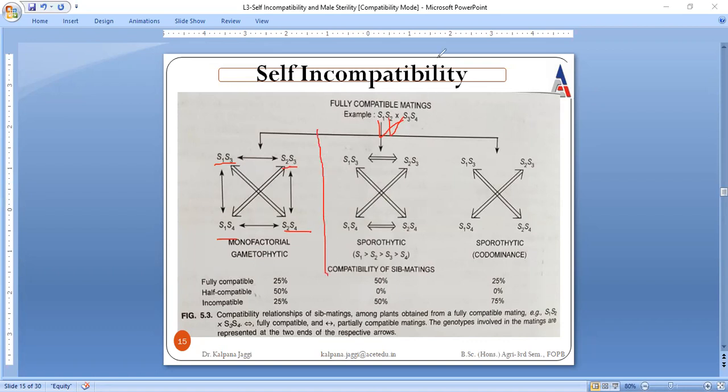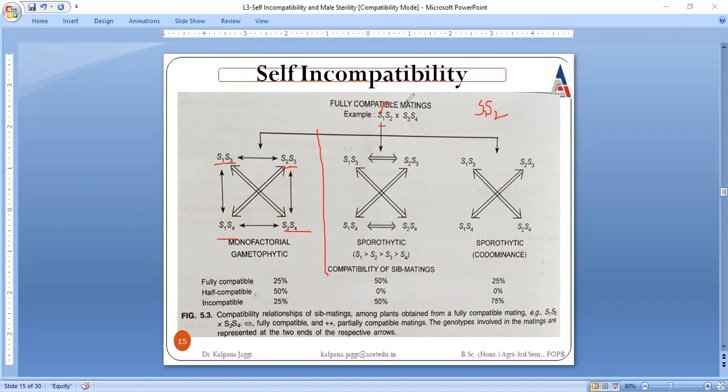But in the other case, now we will discuss another case. In this case, we again have S1, S3. We have now one S1 and another S3.